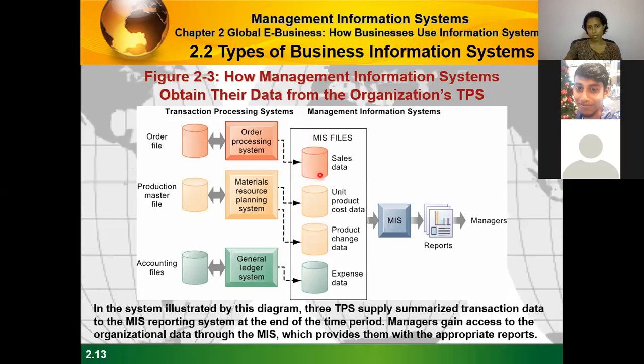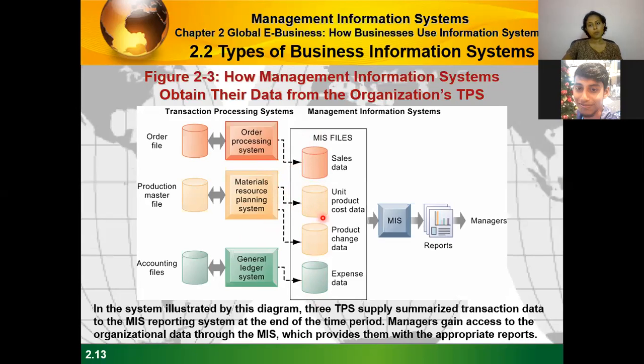Then the revenue information. From the MRP system, you might be getting information about the production cost of the firm, right? What is the cost of production for a unit of item within our organization? Or product change data, right? How have these changed over a period?